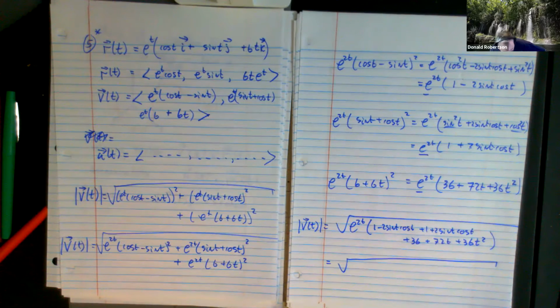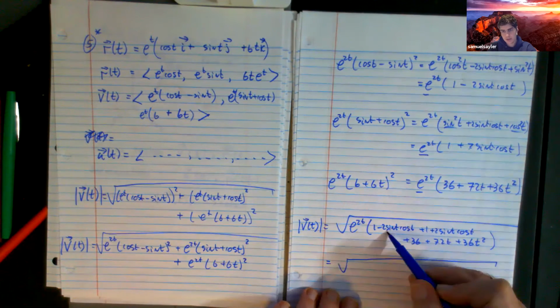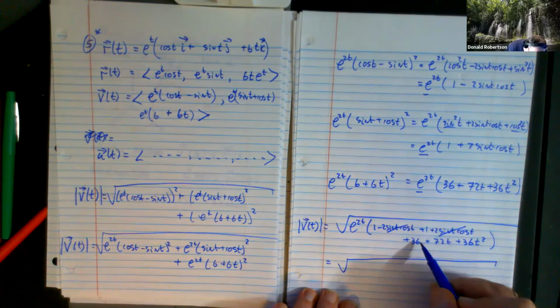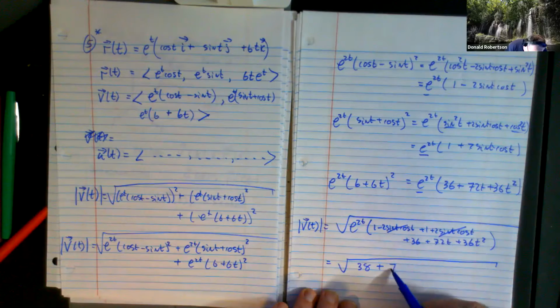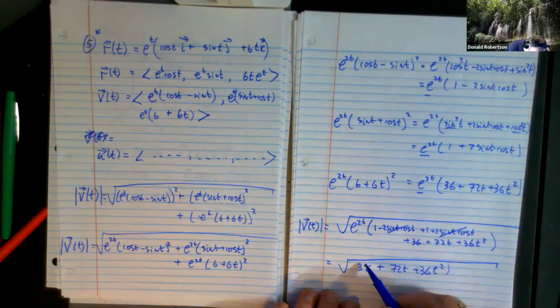Anything simplify? I can see something, can you? Minus 2 sine t cosine t cancels with the other one. Right, so I get a 1 and a 1 and a 2. I guess that's 38 plus 72t plus 36t squared. And there's an e to the 2t.